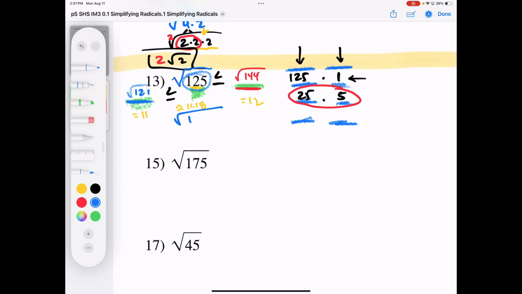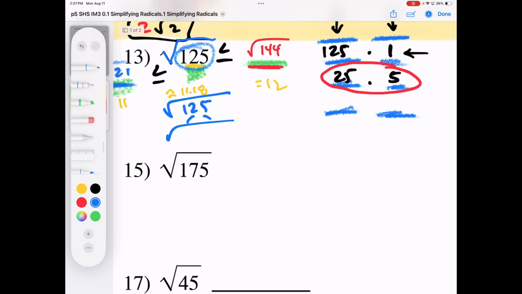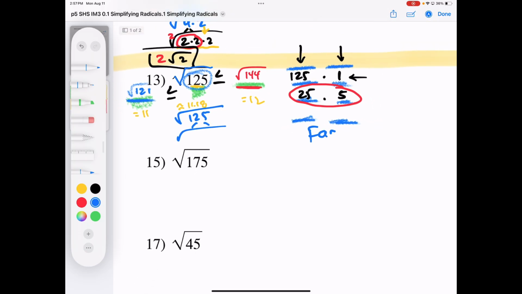The square root of 125 is, it's kind of like a factoring tree. So these over here, these are called factors. That just means numbers that multiply. And I have 25 times 5. Well, we just did a whole page on these. You're trying to find, what makes 25 so special, class?